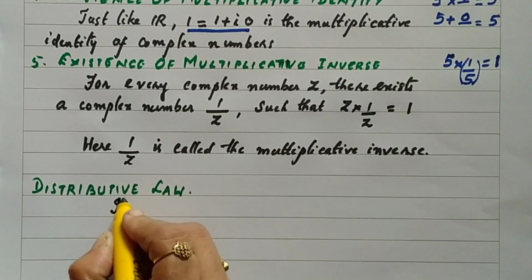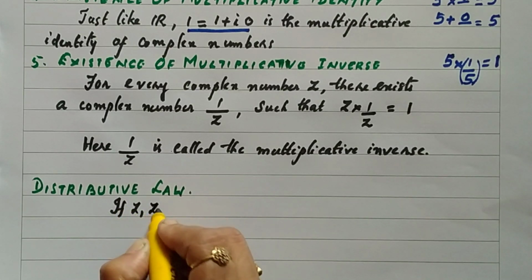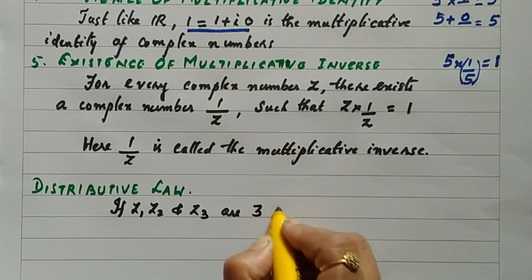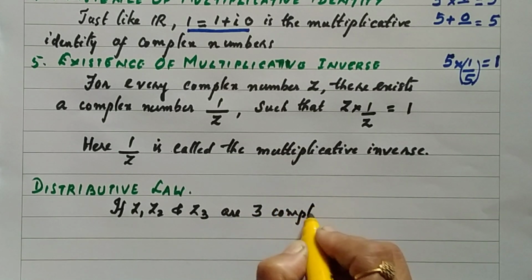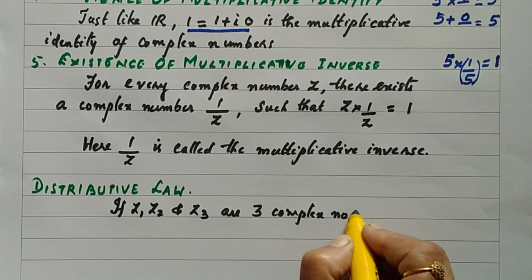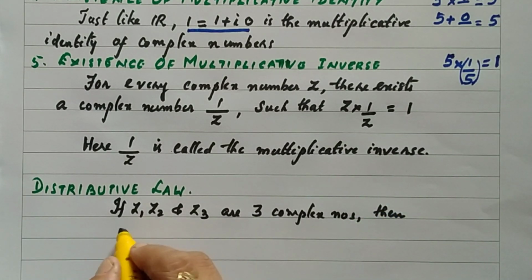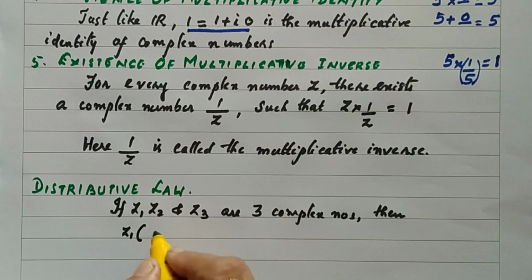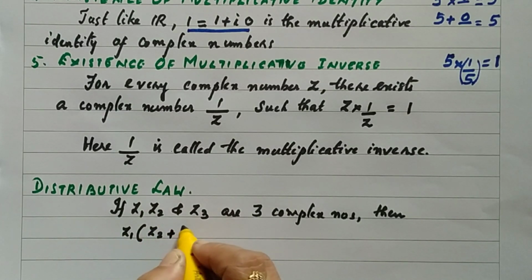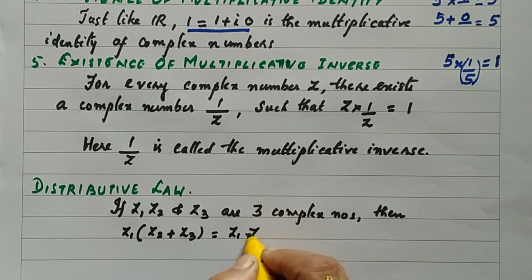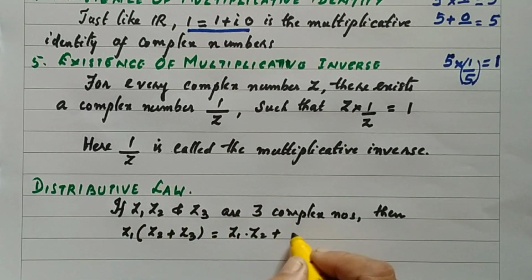If Z1, Z2 and Z3 are three complex numbers, then Z1 into (Z2 plus Z3) equals Z1 into Z2 plus Z1 into Z3.